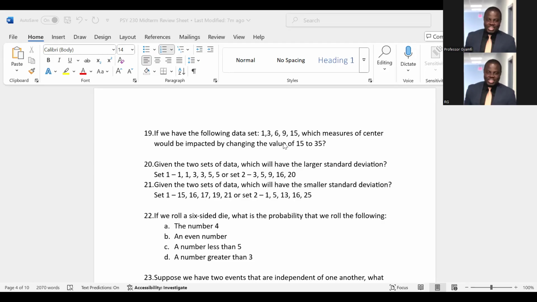Now, if you look at set one, you've got 1, 1. Let's look at the differences, or how spread out this data is.